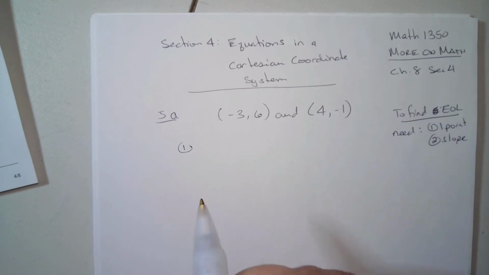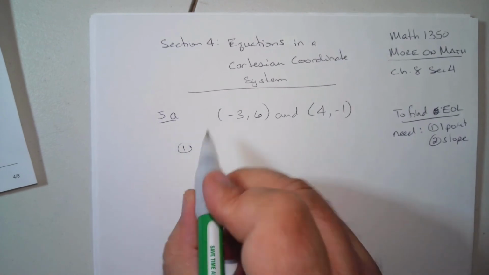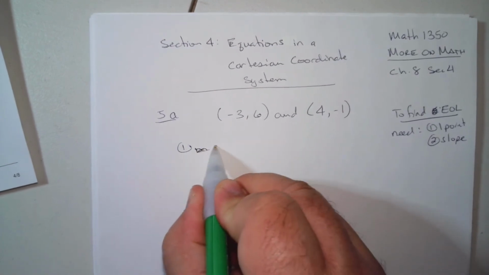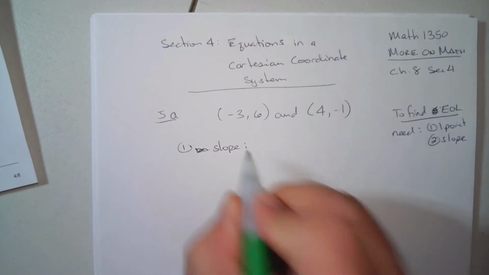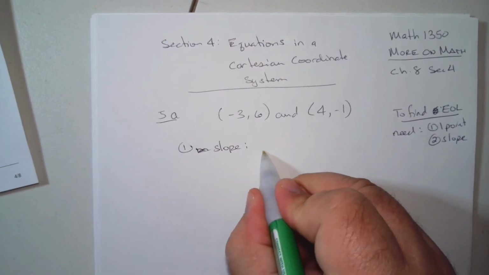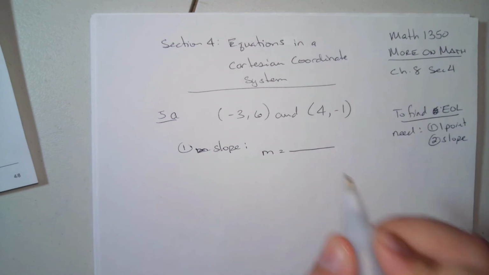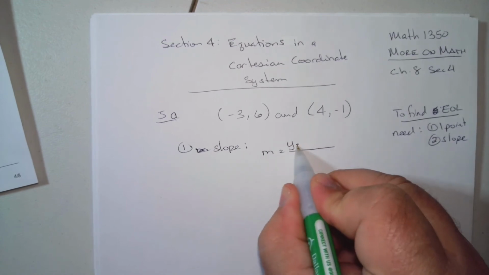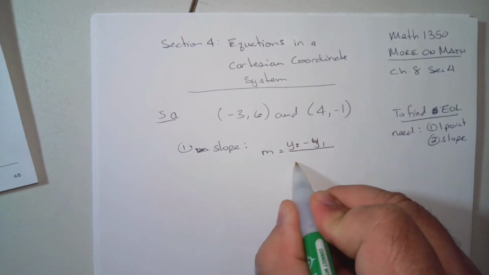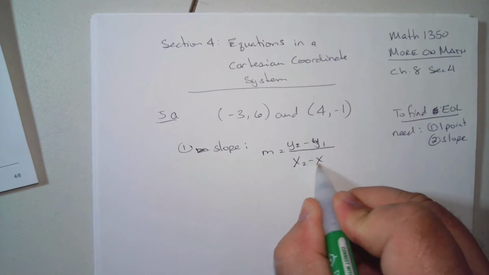Okay, we have 2 points, so that checks that one off. So the first thing we have to do, we have to find the slope. The equation of our slope is y2 minus y1 over x2 minus x1.